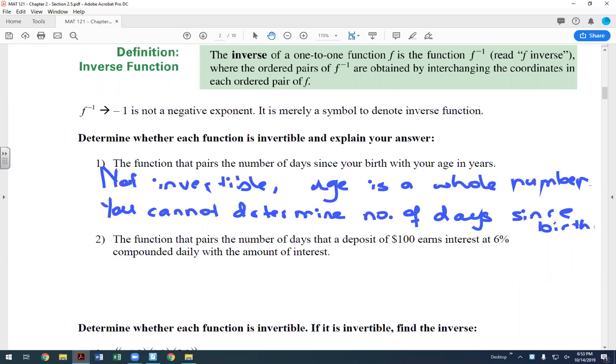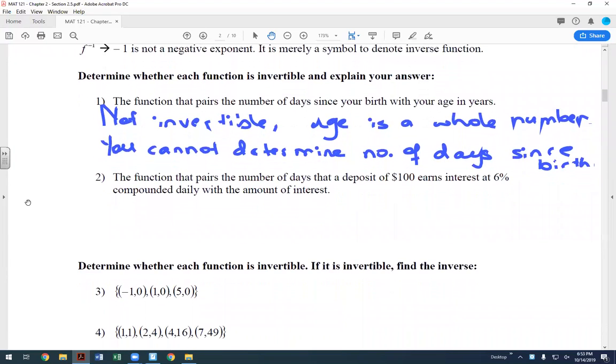The amount of interest based on that. So number of days and the amount of interest are your two variables here. So what can you say about the relationship between, if I knew the number of days this money had stayed in the bank, would I be able to calculate the amount of interest that $100 earned? Yes? Why?